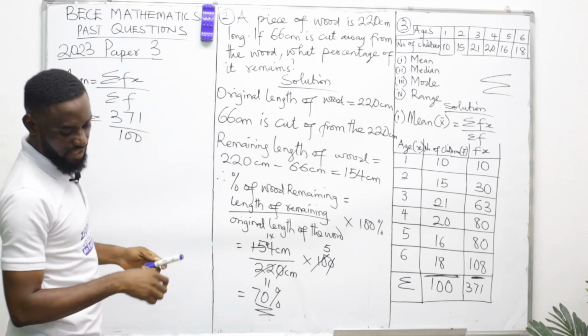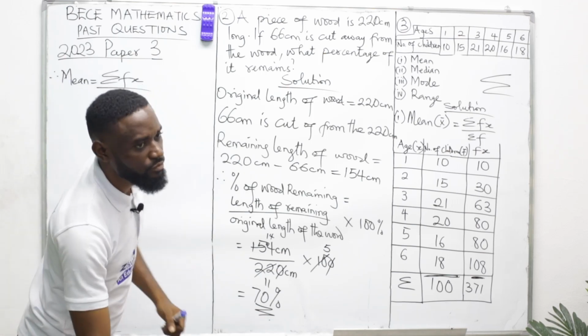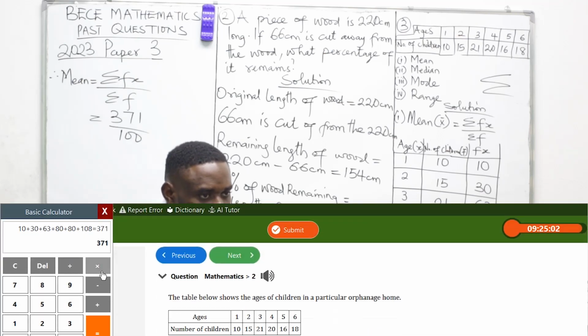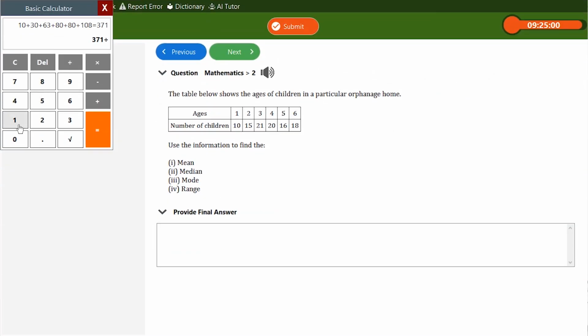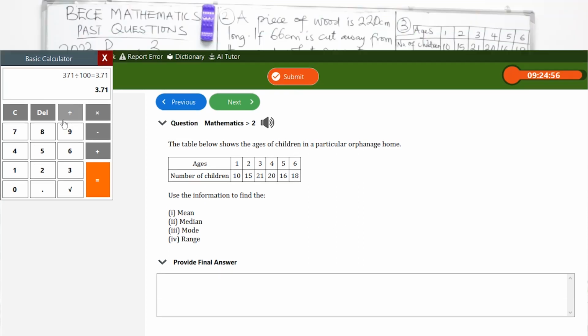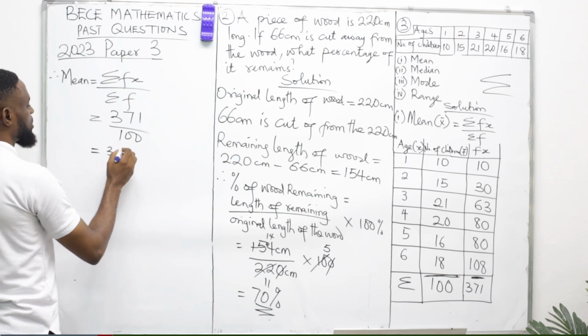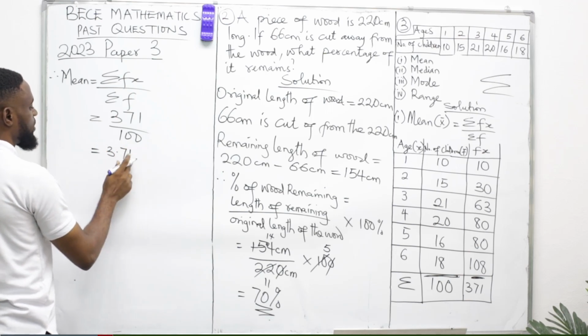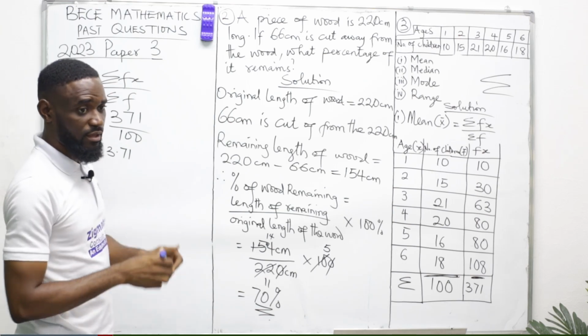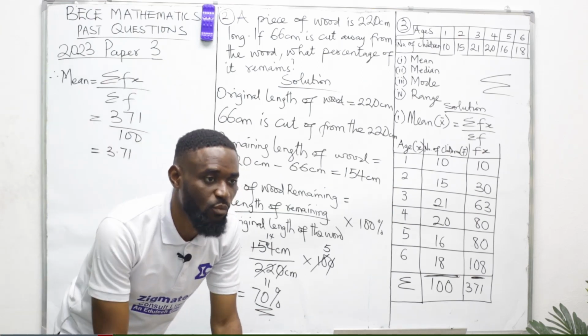So if we do 371 divided by 100, we'll have 3.71 years, okay?